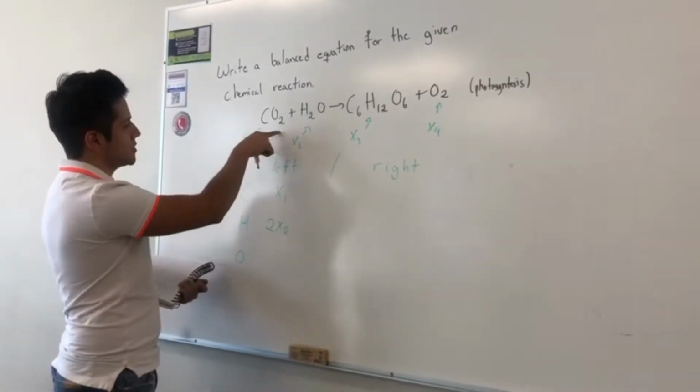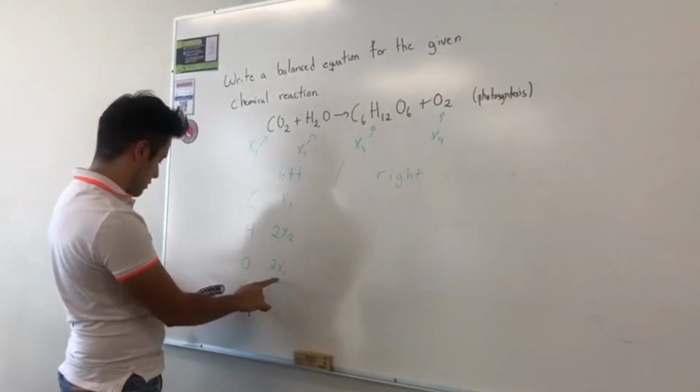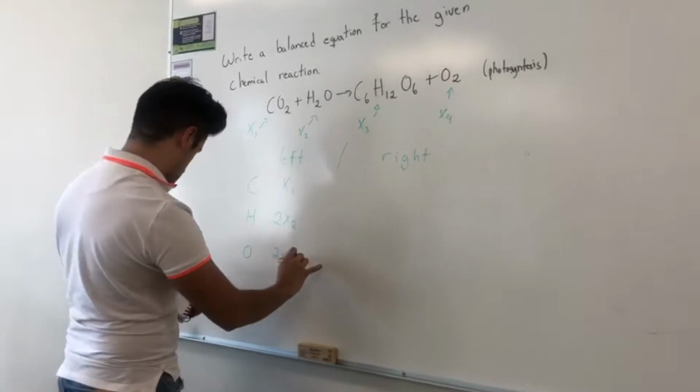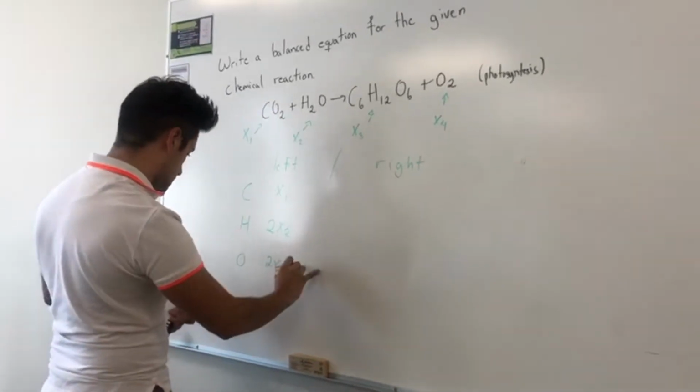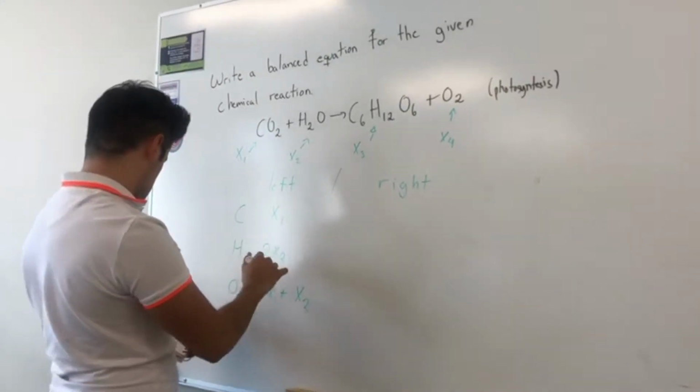And for oxygen, in x1 it's 2, so 2x1, and also in x2 we have 1 oxygen, so we'll do 2x1 plus x2.